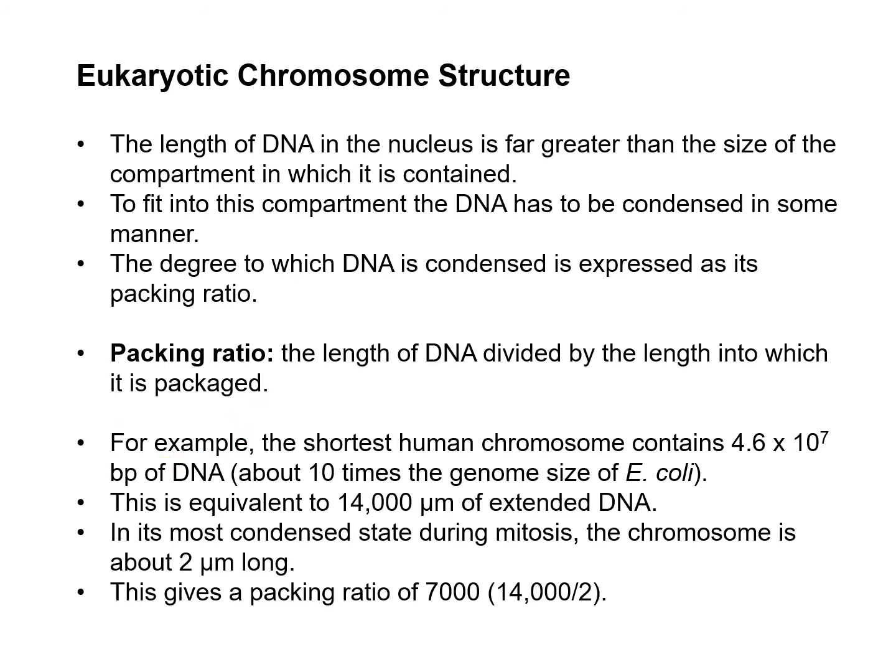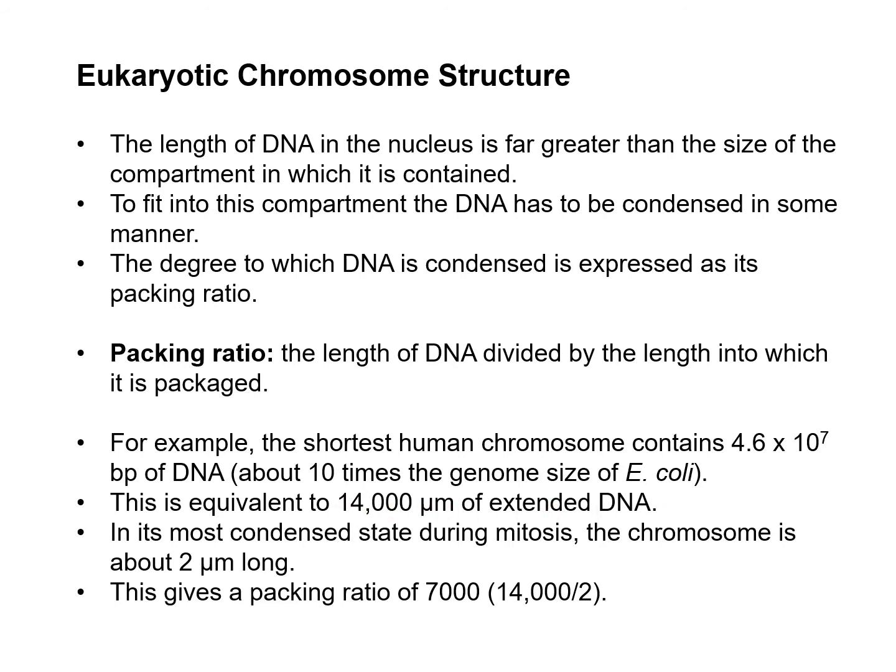The shortest human chromosome contains 4.6 times 10 to the 7 base pairs of DNA, which is about 10 times the genome size of E. coli. This is equivalent to 14,000 micrometers of extended DNA.